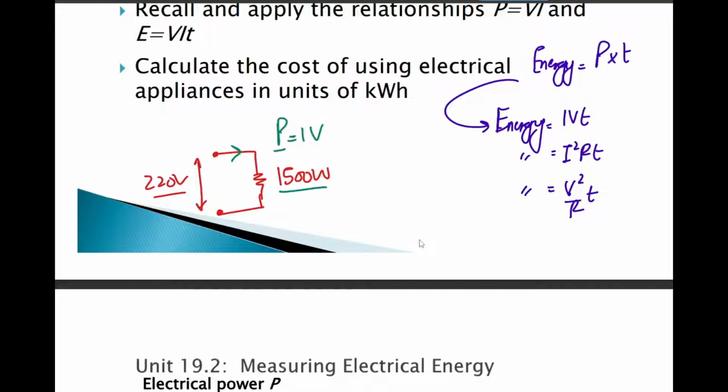I know the power requirement of my appliance and the voltage it's operating at, so I can find the electrical current it's going to demand from the source. So 1500 divided by 220 will be I, and the answer would be in amperes. That is exactly the same current that we studied in DC circuit analysis. It's the same.